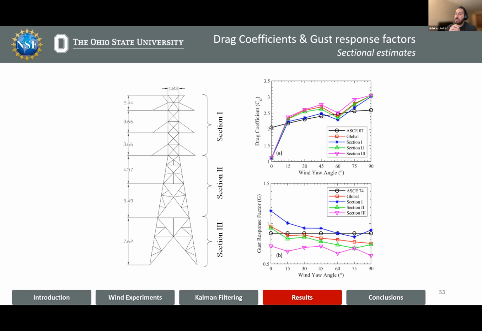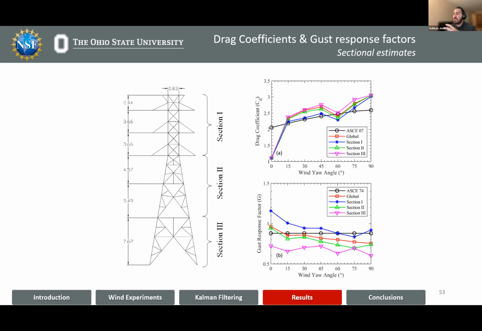And another one of the limitations of the ASC manuals is that the suggested values for both drag coefficients and gust response factors do not capture the geometric changes in the shape of the tower along its height. To address this limitation, we have suggested sectional estimates for drag coefficients and gust response factors for the tower.